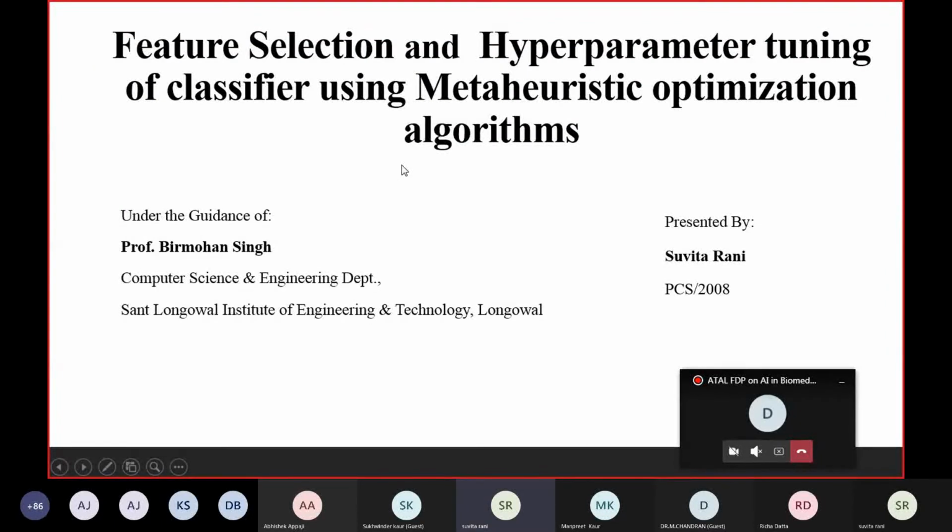The topic is feature selection and hyperparameter tuning using meta-heuristic optimization algorithms. In the morning session, the sir described the gradient descent method, which is another optimization algorithm to find hyperparameter values.